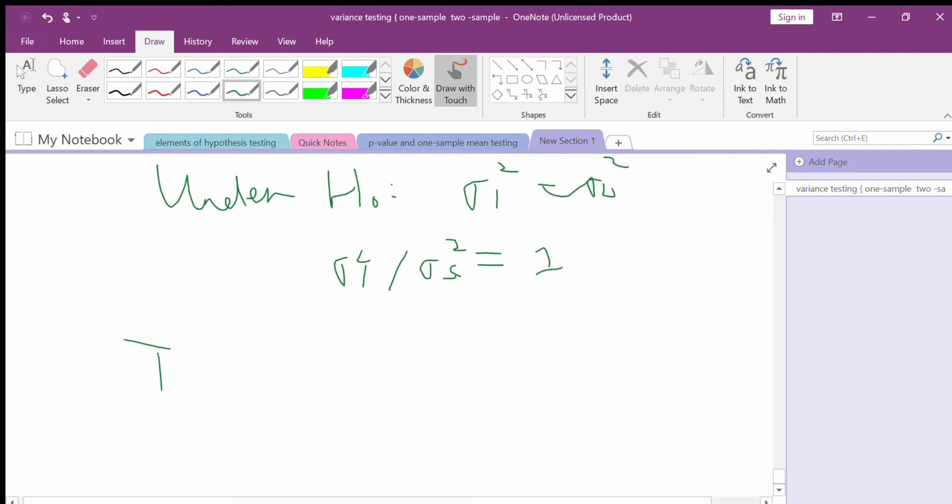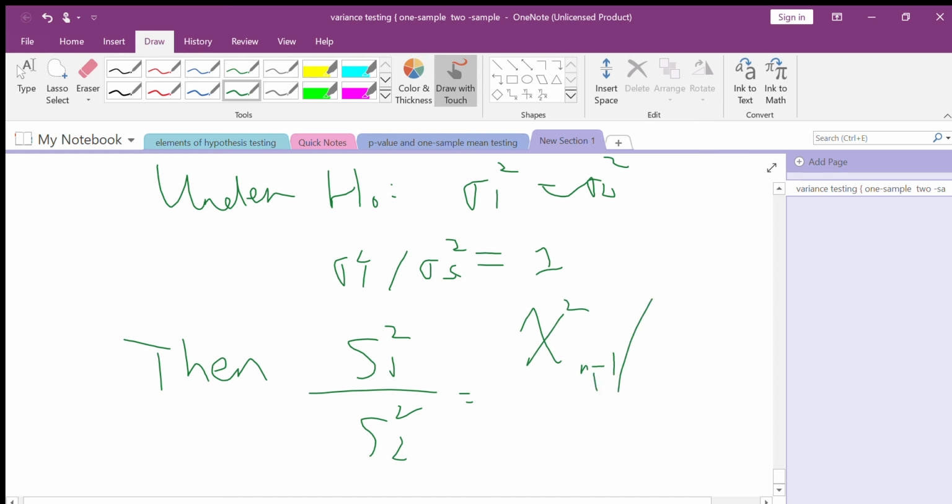Then S1 squared divided by S2 squared is chi-squared n1 minus 1 divided by n1 minus 1, over chi-squared n2 minus 1 divided by n2 minus 1.